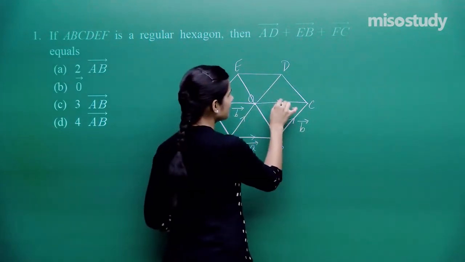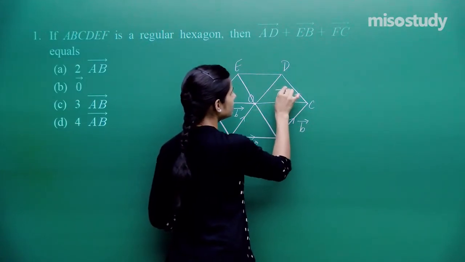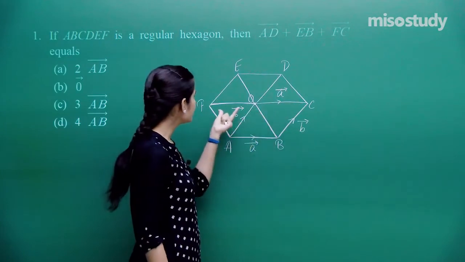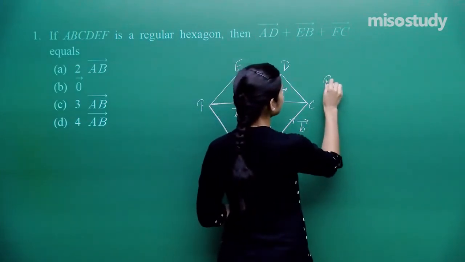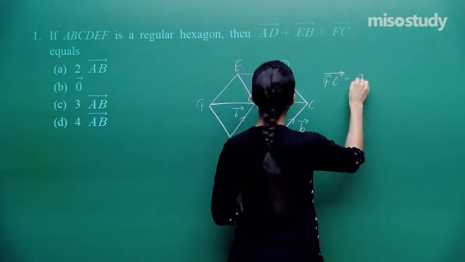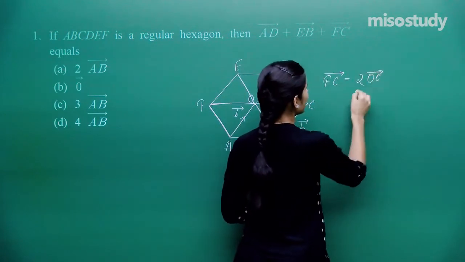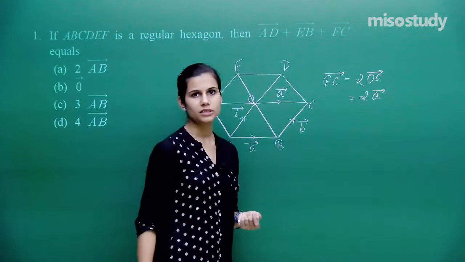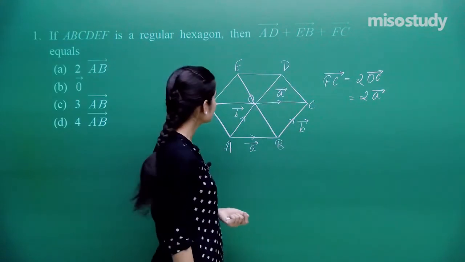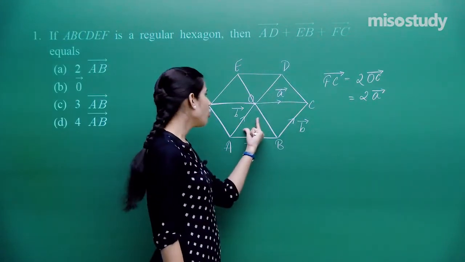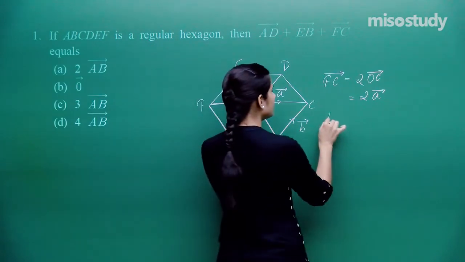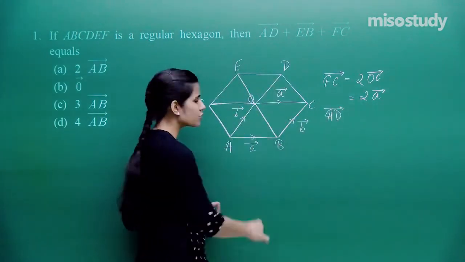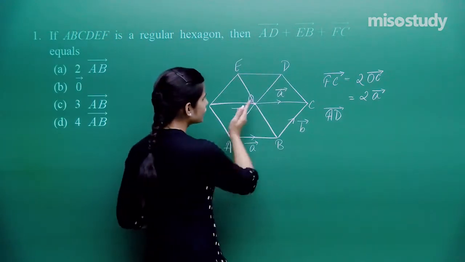And exactly in a similar manner, OC vector will be a vector. If OC vector is a vector and OC is equal to OF, I can say that FC vector is twice of OC vector, but OC vector is a vector, so FC vector is twice of a vector. Similarly, if AO vector is b vector and AD is equal to twice of AO, the direction is also the same.